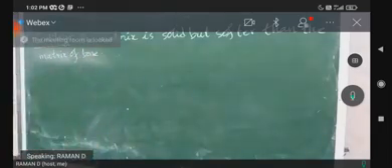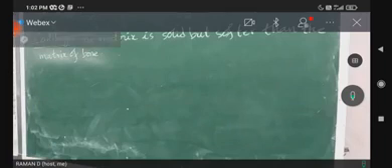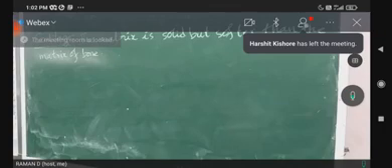The matrix of the cartilage is solid, but it is softer than the matrix of the bone. The matrix of bone is made up of calcium and phosphorus compounds. What about the matrix of cartilage? What are the substances that make the matrix of cartilage?